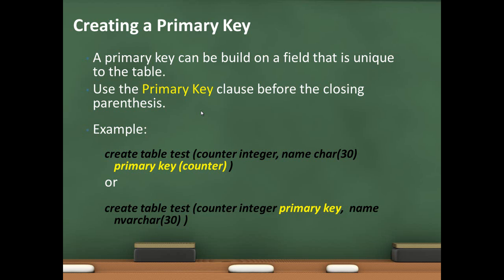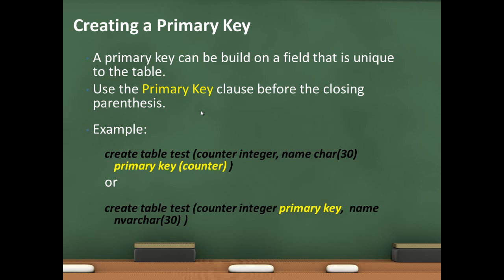Or at the very bottom of my design, I can just put a line at the bottom of my create table line just before the closing parenthesis and say primary key, and in parentheses give the field name that I want to call the primary key.